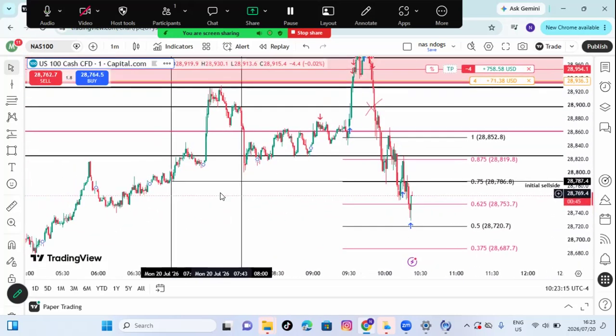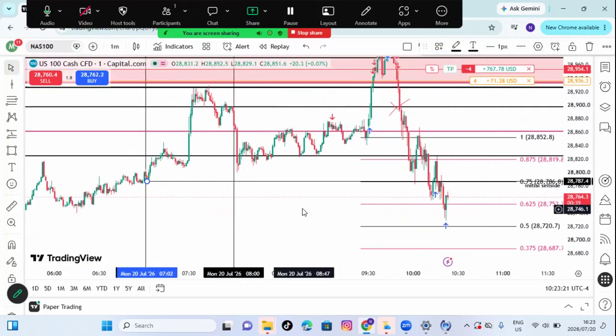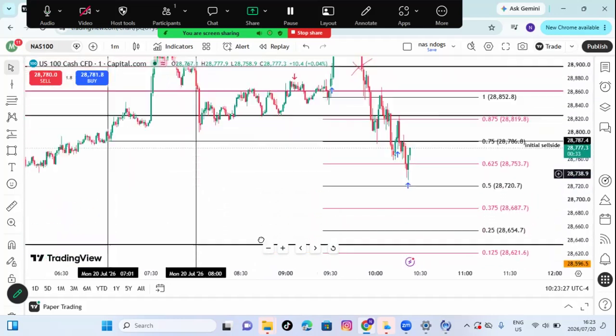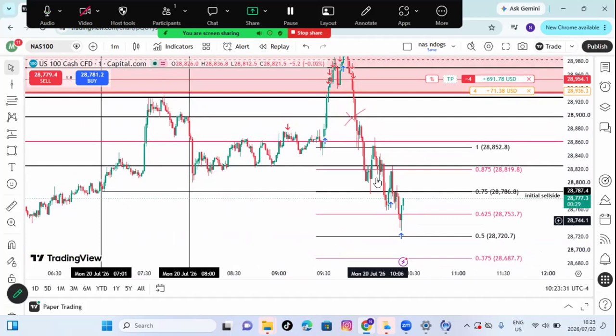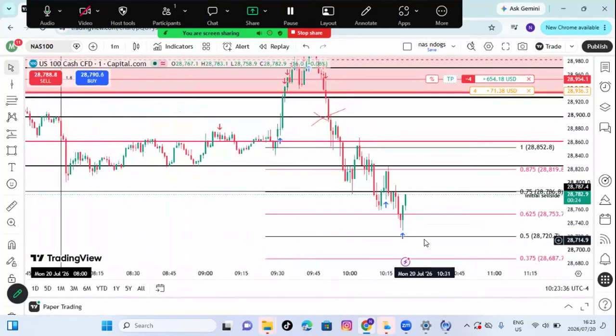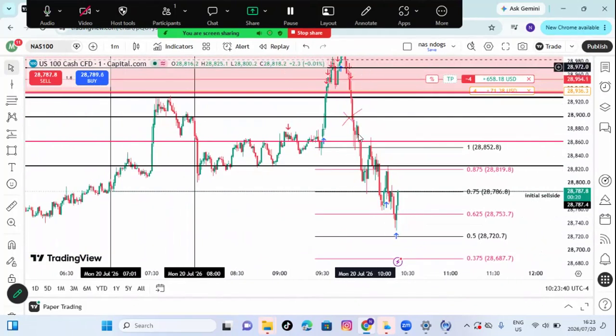Just getting below here, below initial sell side, basically for this trade, that's enough. In normal cases, that's enough. You don't need anything more. You understand? For me, I'm just gonna hold it because I see this as a weak thing. But then if you take all profits here, as you can see, it can't even get there. That's enough. Me, I've taken lots of profits already coming down into this.